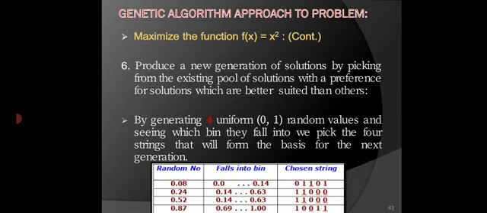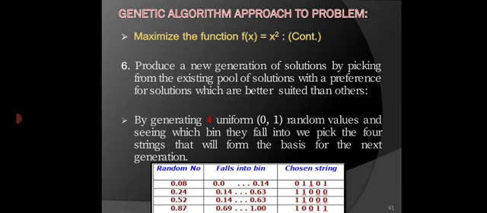Now produce a new generation of solutions by picking from the existing pool of solutions with a preference for solutions which are better suited than others. By generating 4 uniform 0 to 1 random values and seeing which bin they fall into, we pick the 4 strings that will form the basis for the next generation.